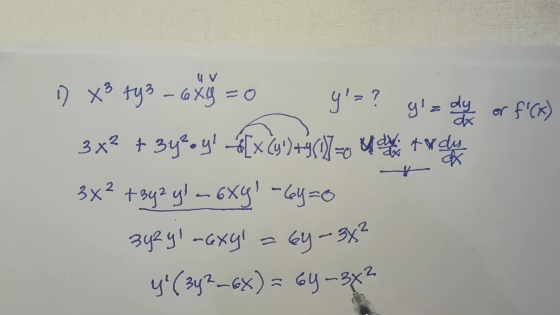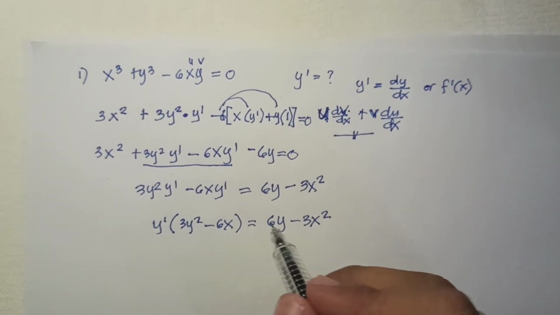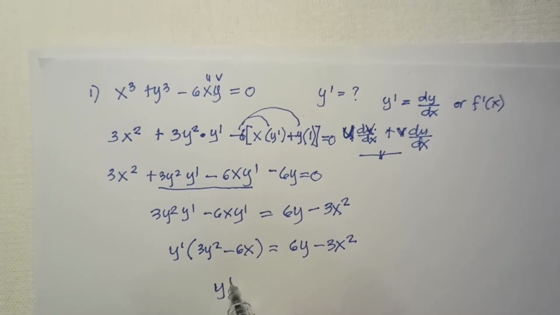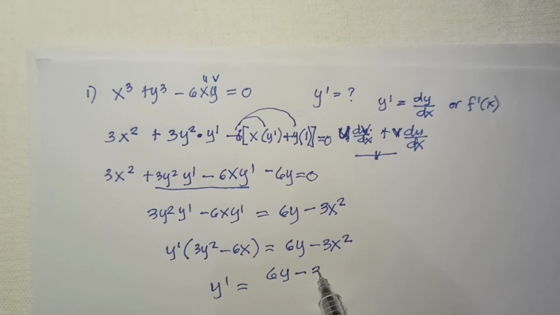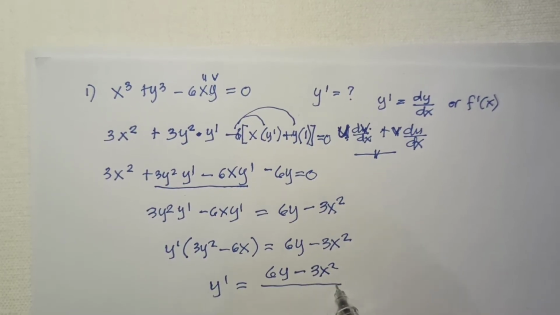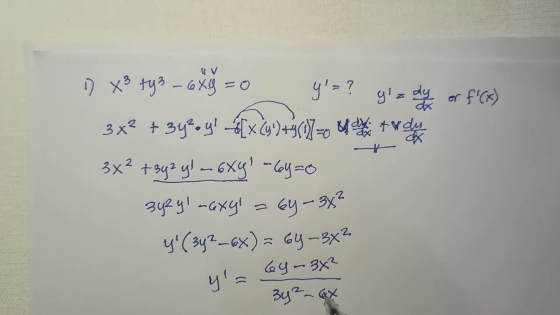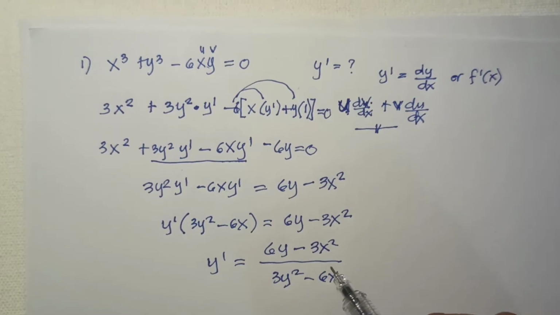By the division property of equality, we divide both sides by this factor. The result is y prime is equal to 6y minus 3x squared over 3y squared minus 6x. In this case, this is still factorable by 3.